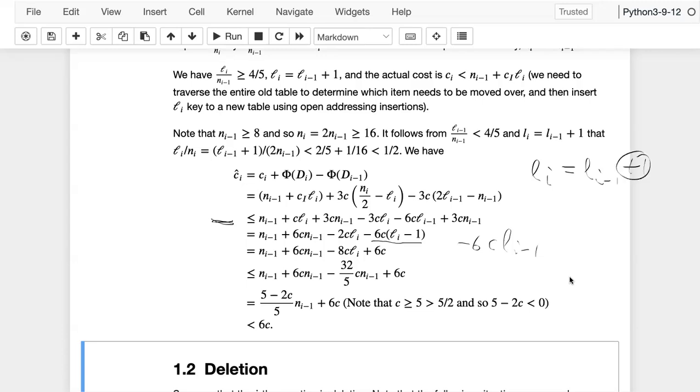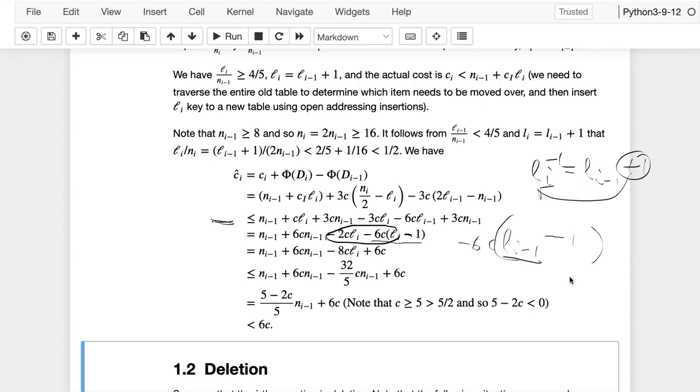So you move this over, so that is minus 1. So we got that. Okay, so then we merge this part so that I have a negative 8 times C times L sub i, and then this negative becomes plus, so we got plus 6C.